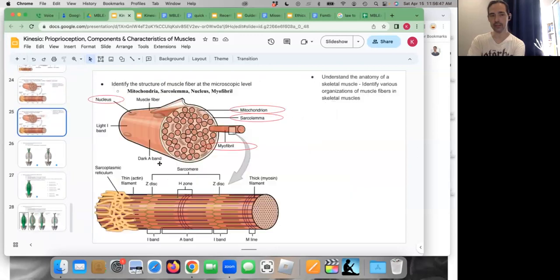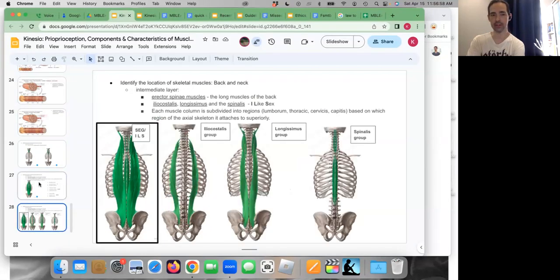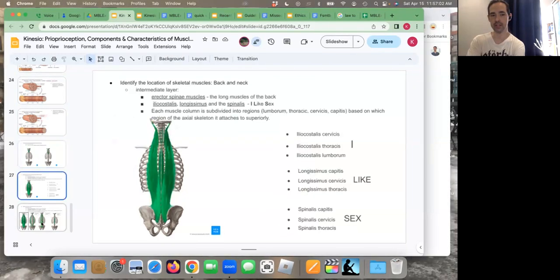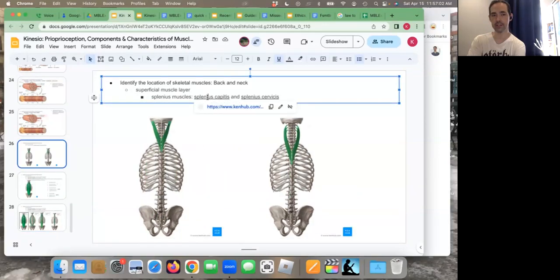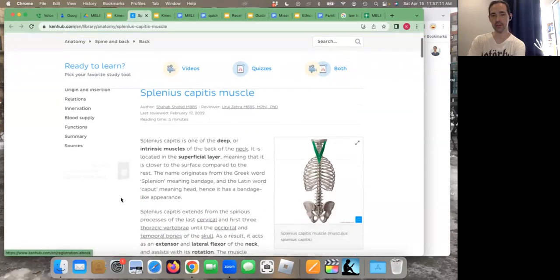It also includes information on the myofibers and myofilaments. And down at the bottom, we have the layers of the muscles on the back surface. Most of these slides have links in them, and if you click on any of the links, it'll open up the source from which I took this.